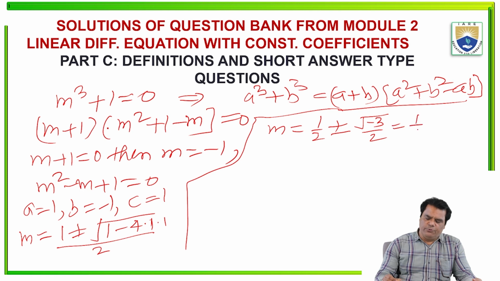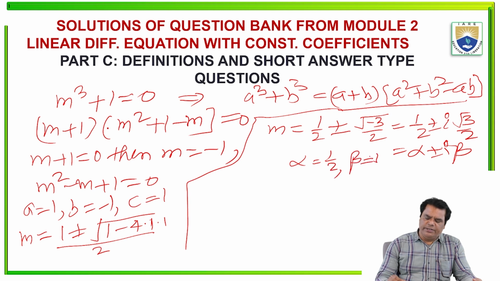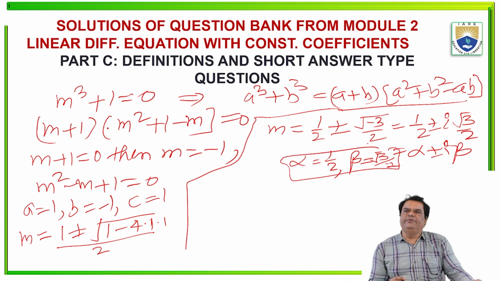So here 1 by 2 plus minus i root 3 by 2. So this is alpha plus minus i beta. So alpha is 1 by 2 and beta is root 3 by 2. These are the roots alpha and beta.